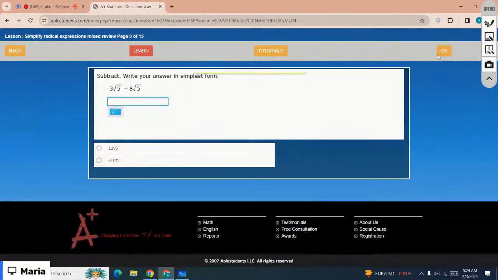The next one is negative 3 square root 5 minus 8 square root 5. So which is the correct option? Yes, that is negative 11 square root 5. Option number 2 is the correct option.